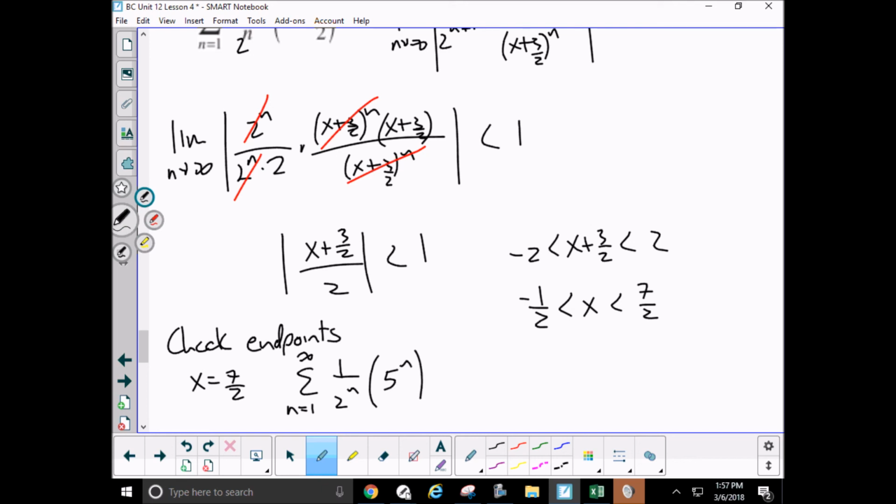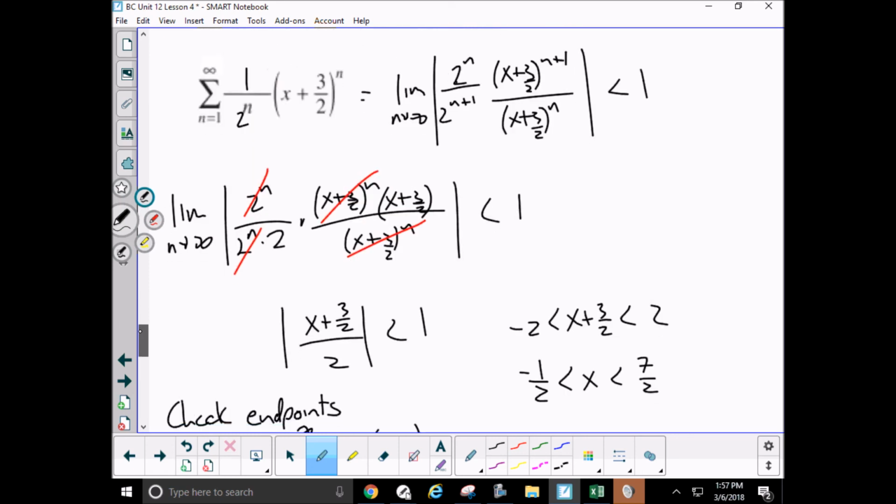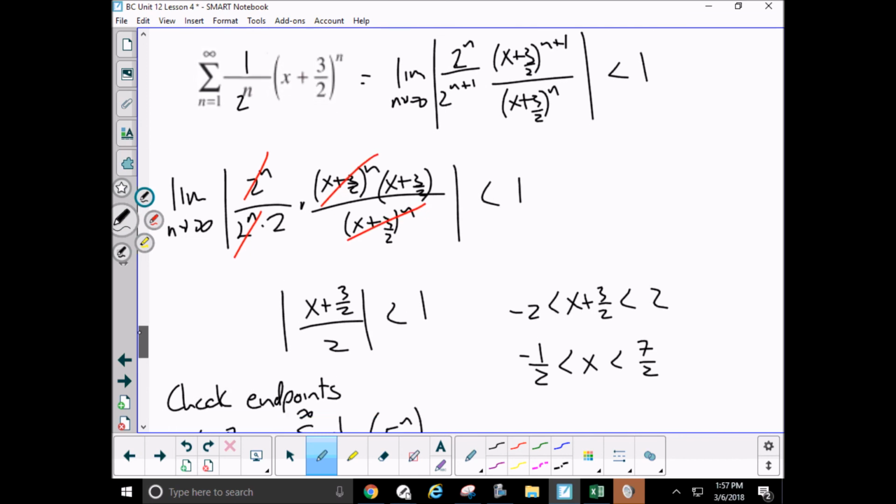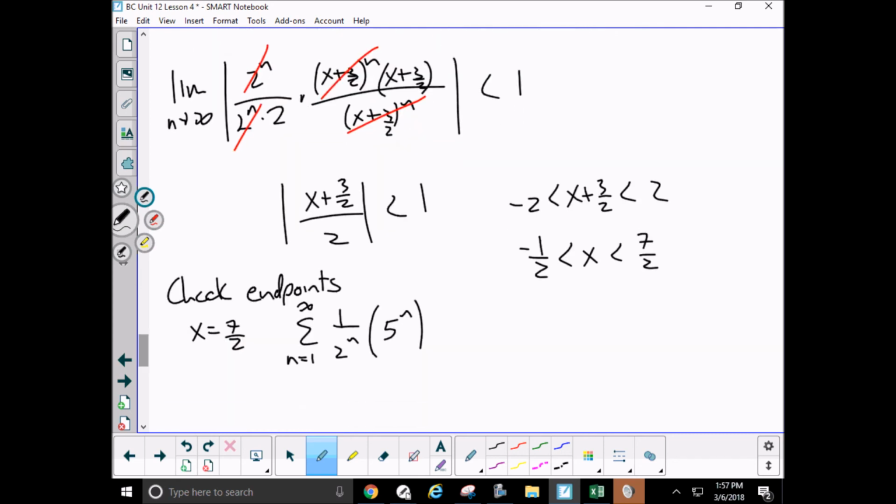I feel like I did a mistake here. 4, 5, 6, 7 halves. No. Okay. 5 halves over 2 halves. That is definitely a divergent geometric series.